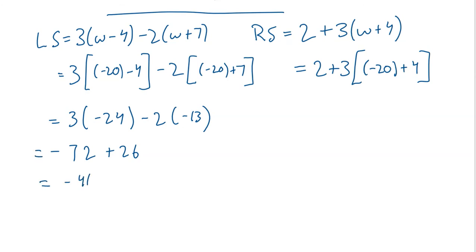Negative 46. Anybody do that yet? Is that right? Check that math and make sure I did that right. Yeah, it looks like it's going to be right. 3 times negative 16 is 48, so negative 48. 2 minus 48 is negative 46.